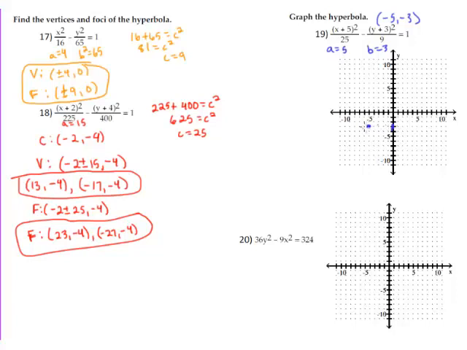So that puts us here and here. We're going to go up and down 3, so that's here and here. Then we're going to draw a box. And then through the corners and center of that box, we draw our asymptotes.